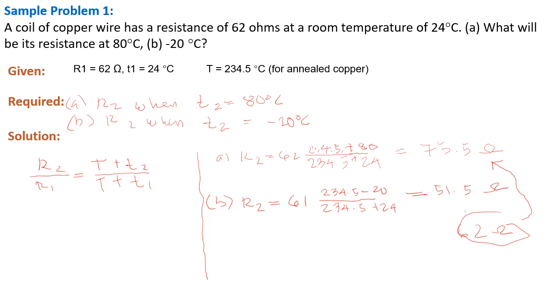If you cool it down, say to negative 50 degrees Celsius, your resistance will decrease to 51.5 ohms. All right.